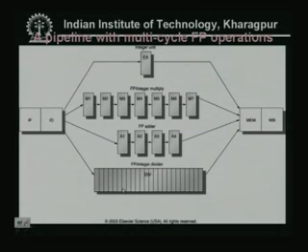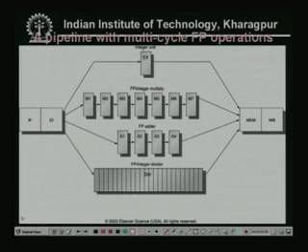Now, a pipeline with multi-cycle floating point operations. Say we are considering only the two stages. Say this is first the instruction fetch, and say instruction decode.